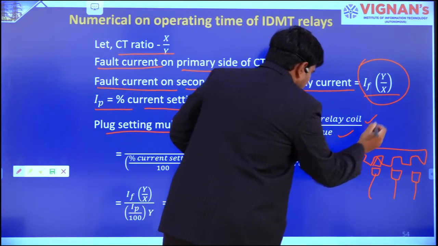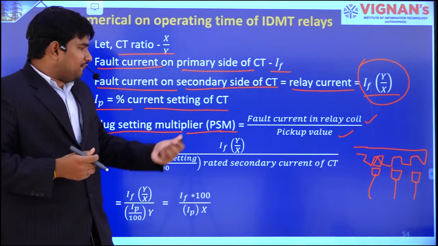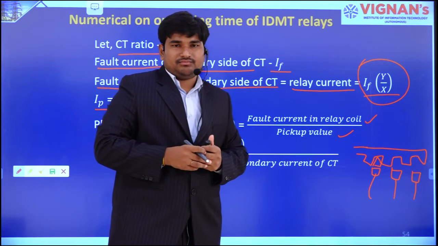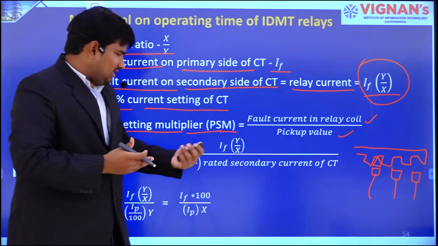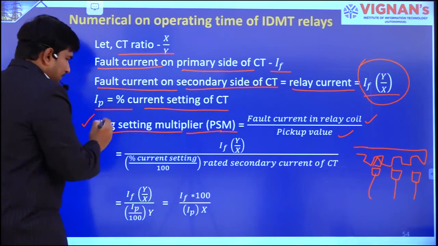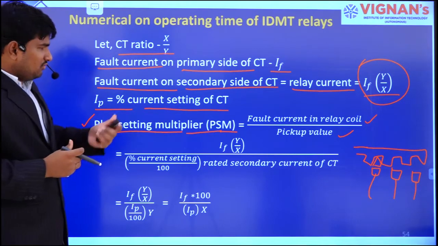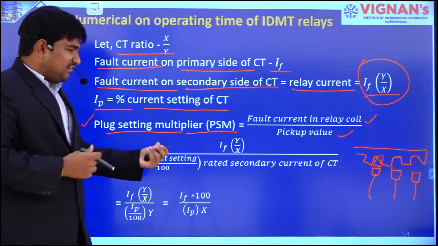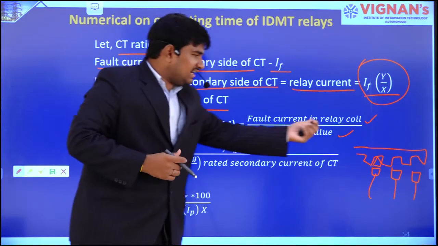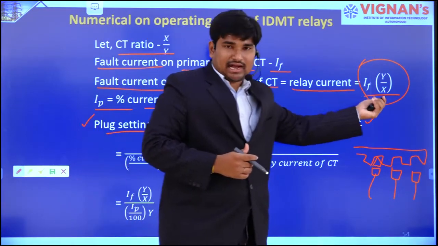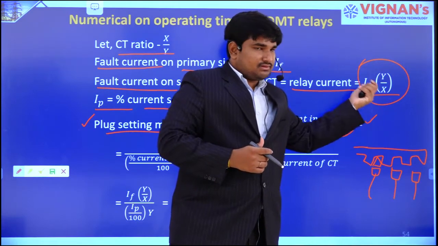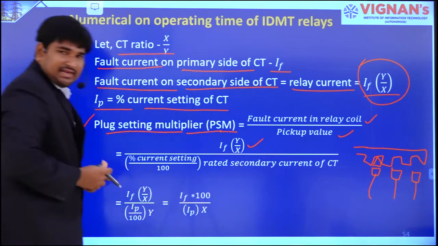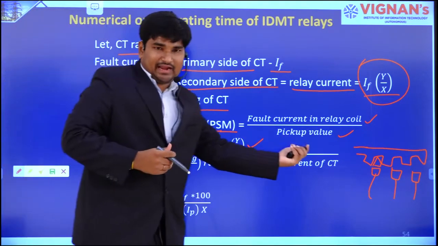So PSM is the fault current in the relay coil divided by the pickup value, the ratio between these two. That is how we get the plug setting multiplier. Now I will replace this in terms of equations. The fault current in the relay coil is equal to IF divided by the CT ratio. So that's what I have written here, divided by the pickup value.